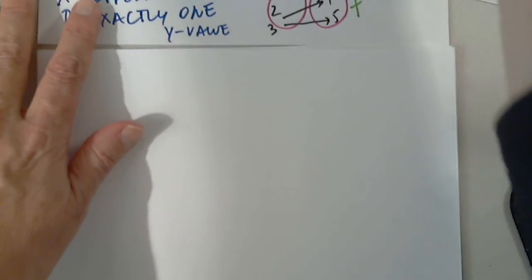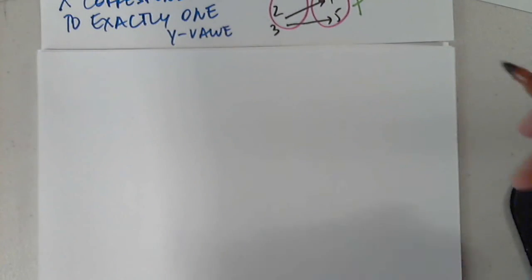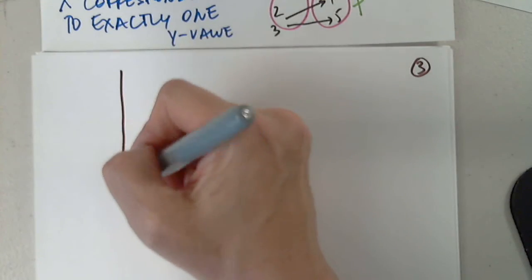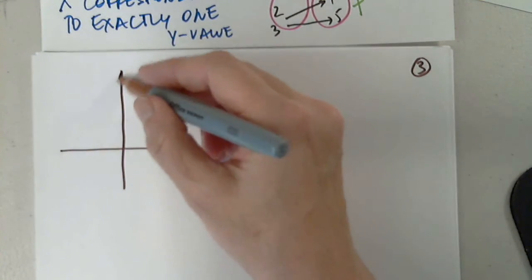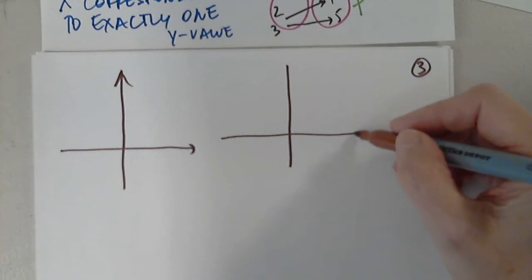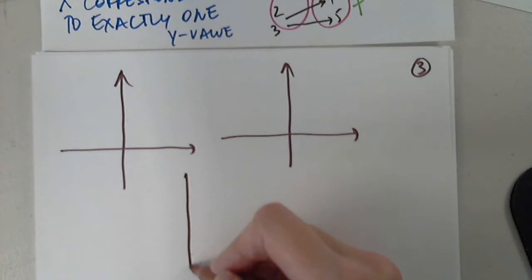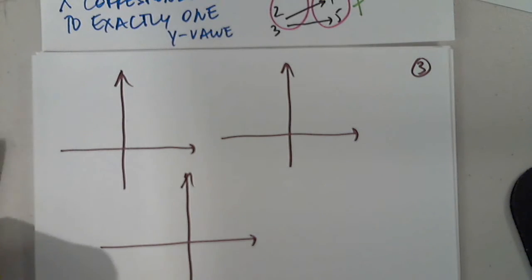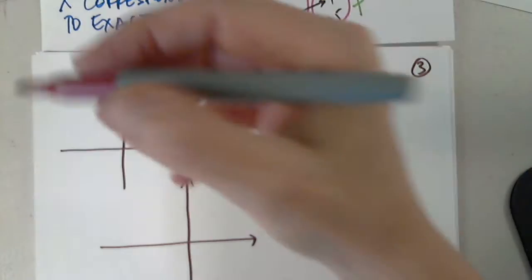So I'm going to graph a couple, and I want to ask you if they're functions or not. You're going to tell me whether these are functions or not, and based on what.